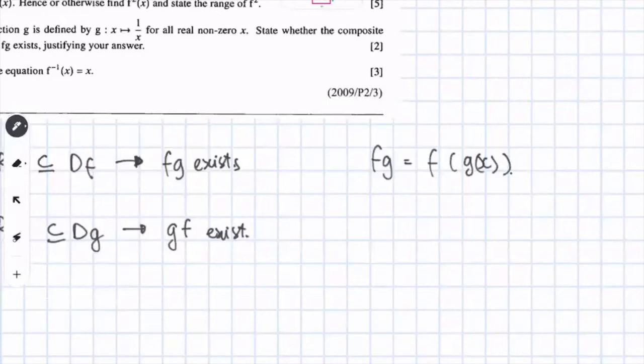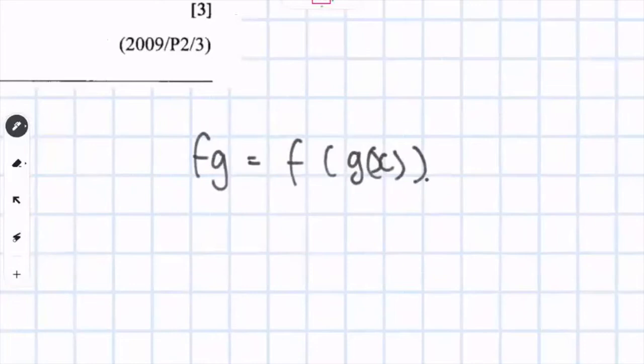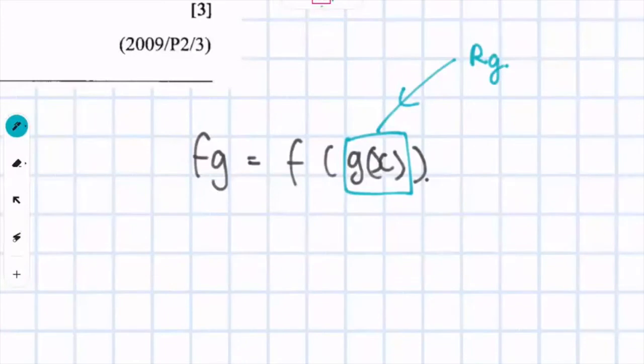Then this gx here, the possible values of gx is RG. RG is the range of G. And can G produce something outside RG? Cannot.